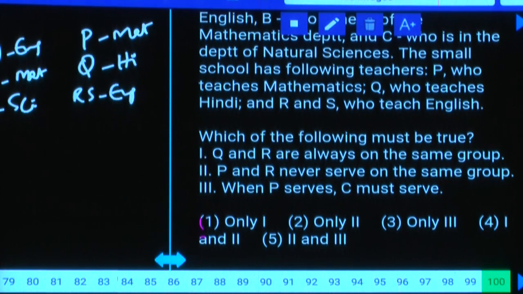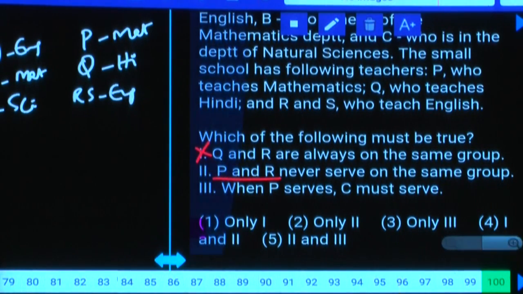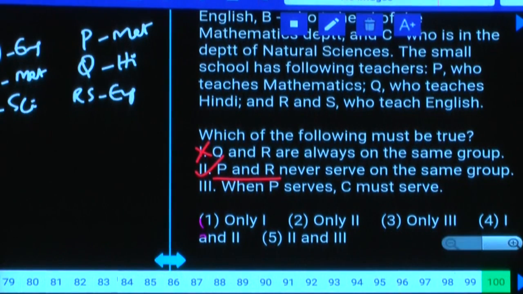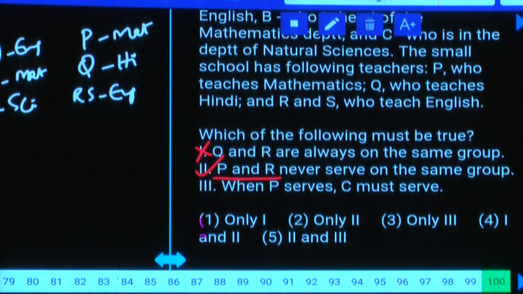No, because Q and R, both these two persons from the school, cannot be in the same group because only one person must be in that group. P and R can never serve in the same group. True or false? Yes, it is definitely true because both these two persons are from school. They cannot serve in that group. And when P serves, C must serve in the committee. Whether true or false? Yes. Why is it so?